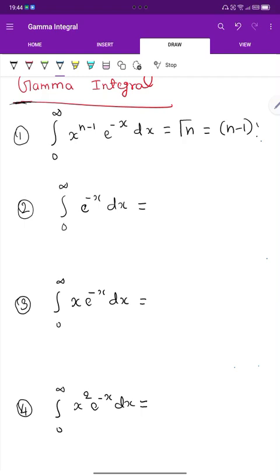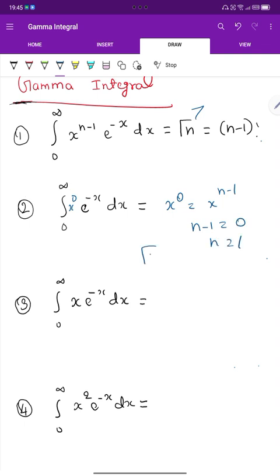The first example is integration 0 to infinity e raised to minus x dx. Here just compare this integral with the Euler form of integral. So assume there is x raised to 0 sitting here, and find the value of n and put that into this expression. Okay, so x raised to 0 is equal to x raised to n minus 1, so the value of n is 1.